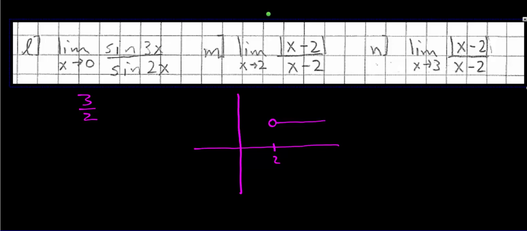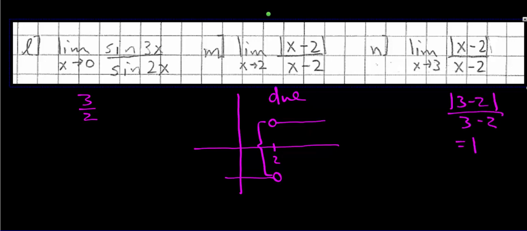Now, if you pick a value less than 2, you get -1, because the top is positive and the bottom is negative. Notice this jump, okay? That means that limit does not exist there. However, it exists anywhere else. So for example, at 3, this next one, you just plug in the absolute value of 3 minus 2 over 3 minus 2. Well, that's 1. So you just plug in on those.